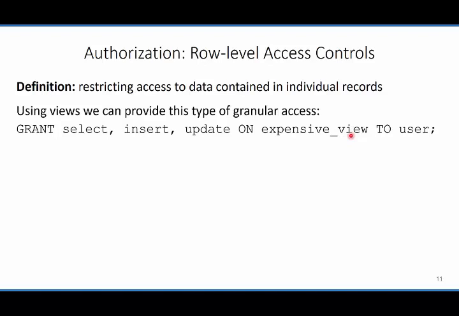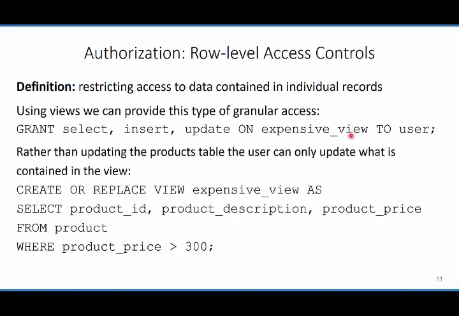So for example, if we want to query from employees and inside the employee table we have social security numbers, we could have a view retrieve all the information that we want regarding the employees except for the social security number, so that we can keep that well protected. So rather than updating the products table, the user would be able to update the view or insert into the view, interacting with the view rather than having direct access to the table.